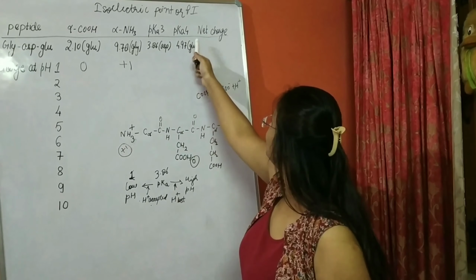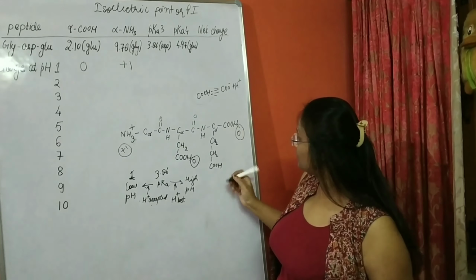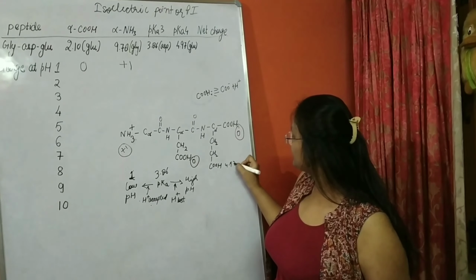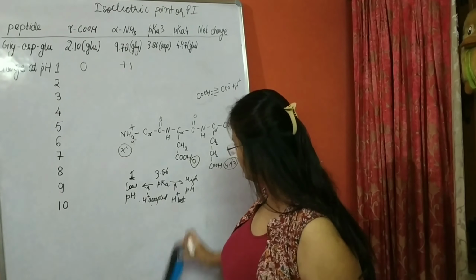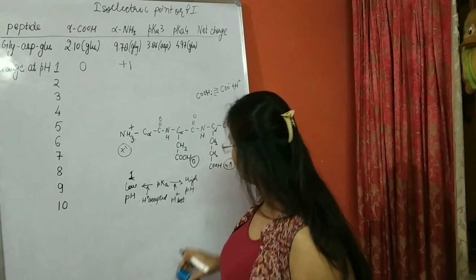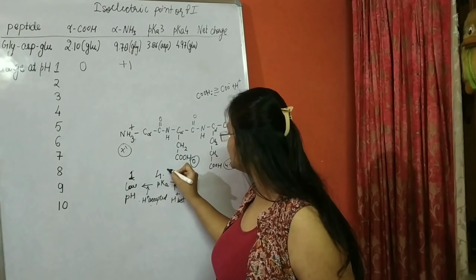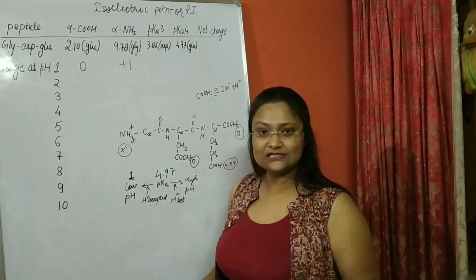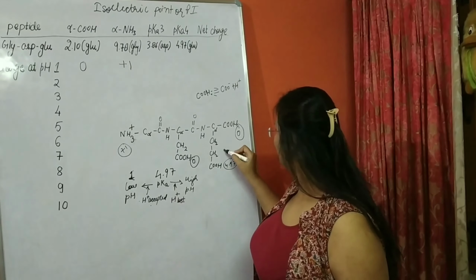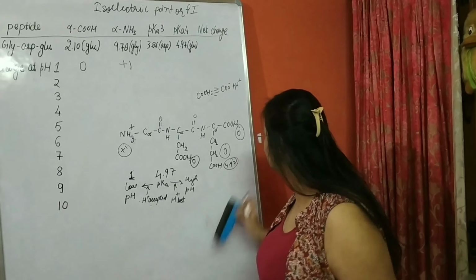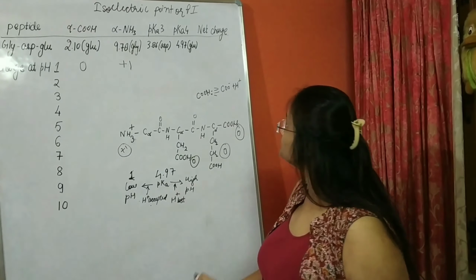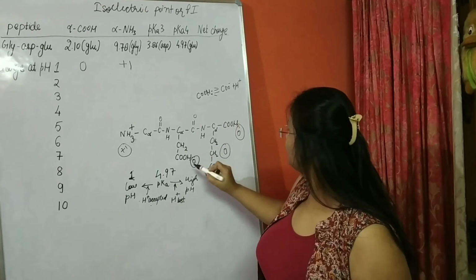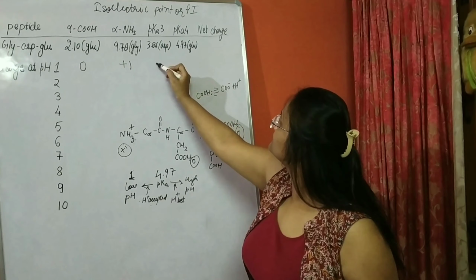So it is 0. Again, for pKa4, which is glutamic acid, 4.97. Again, pH is lower, so COOH will remain accepted, so the charge will be 0. So on this 3.86 the charge was 0.